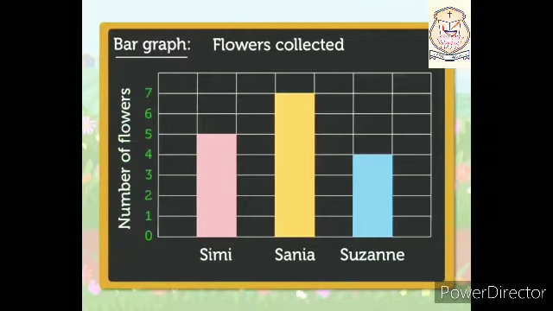The scale tells us how many flowers were collected. Hence, from the bar graph, we can say Simi collected 5 flowers, Sanya collected 7 flowers, and Suzanne collected 4 flowers.